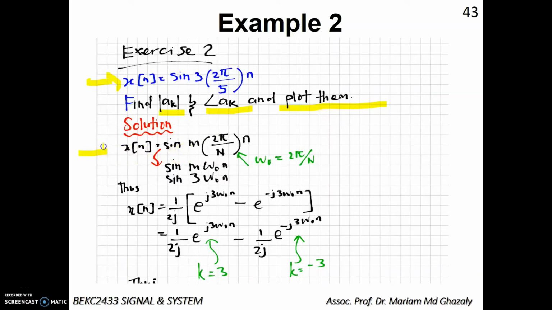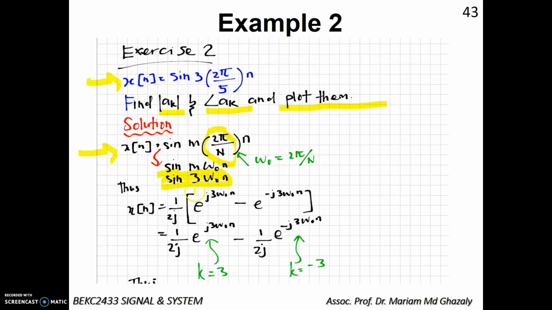The general equation is given by x[n] equal to sine m, where m is the symbol for the magnitude, m times 2 pi over N. I write here that 2 pi over N is omega, and m here is a value equal to 3. So if I rewrite it again, you will have sine 3 omega n. Okay, so very direct.